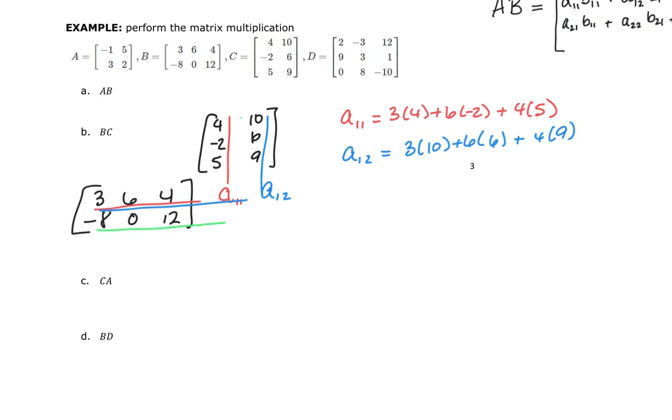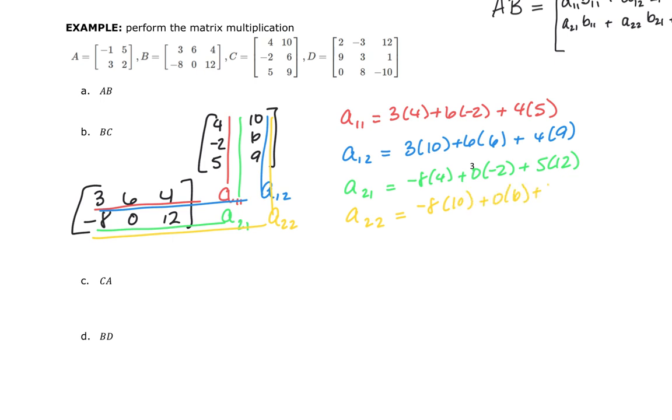I'm going to multiply these, and call this the A21, which is -8 multiplied by 4 plus 0 multiplied by -2 plus 5 multiplied by 12. And then my last one, this times this, A22, is going to be -8 multiplied by 10 plus 0 multiplied by 6 plus 12 multiplied by 9.